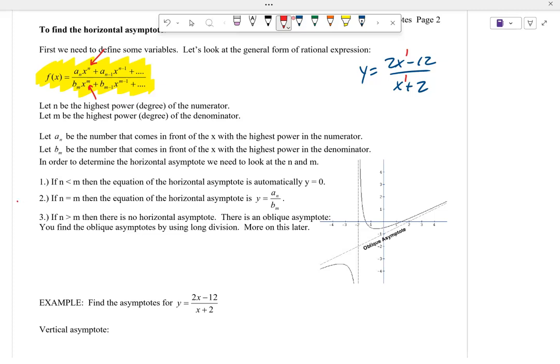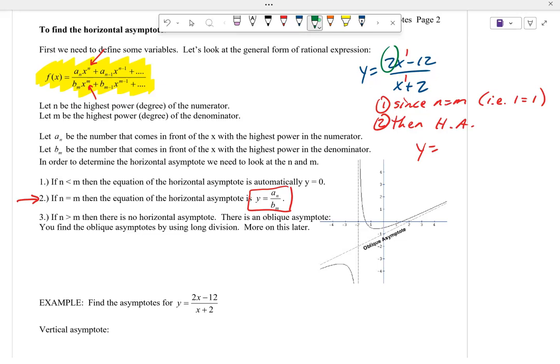Look at number 2 right here: if the degree of the numerator is equal to the degree of the denominator, then you take their leading coefficients. Since n equals m, the degree of the numerator is 1 and the degree of the denominator is 1, the horizontal asymptote is the ratio of the leading coefficients.